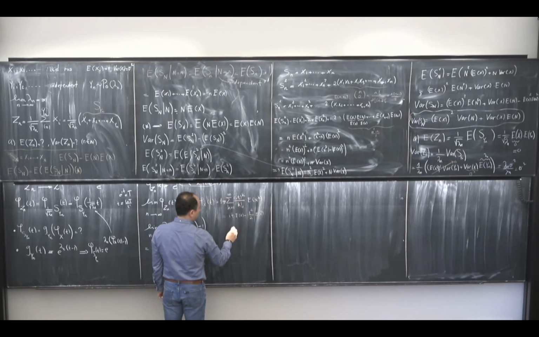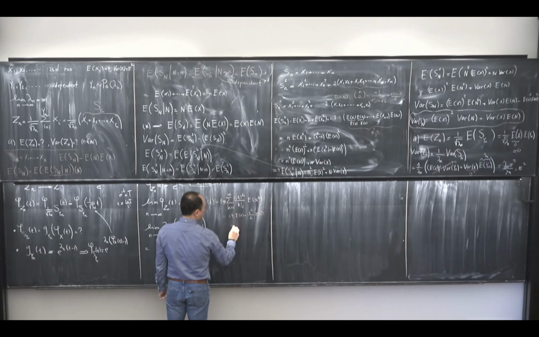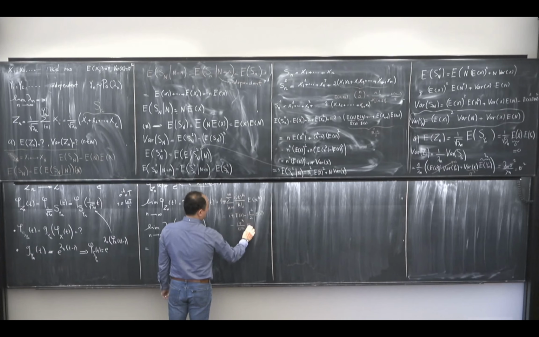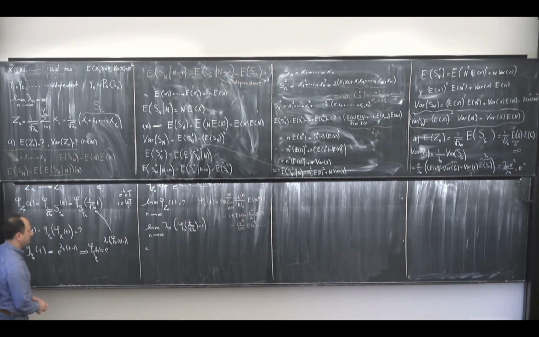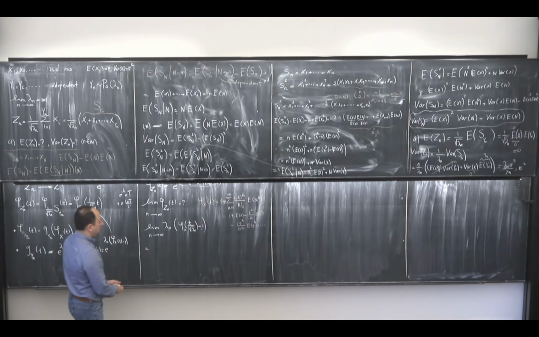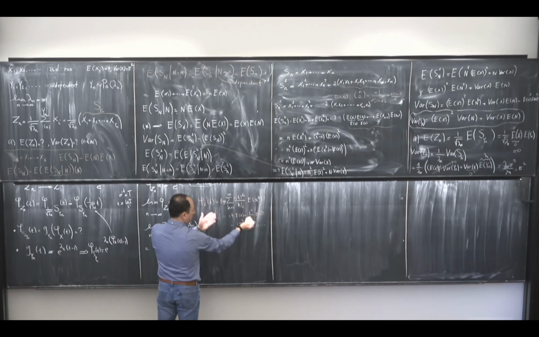And let me write one more term, so the next one becomes minus i t cubed divided by 3 factorial, 6, e of x cubed, and it continues. Do you agree? This is the standard expansion.